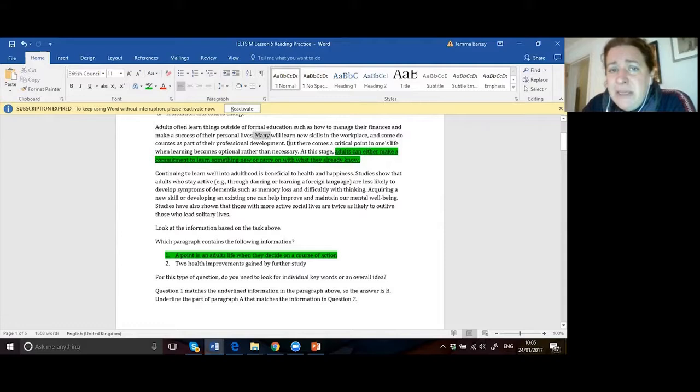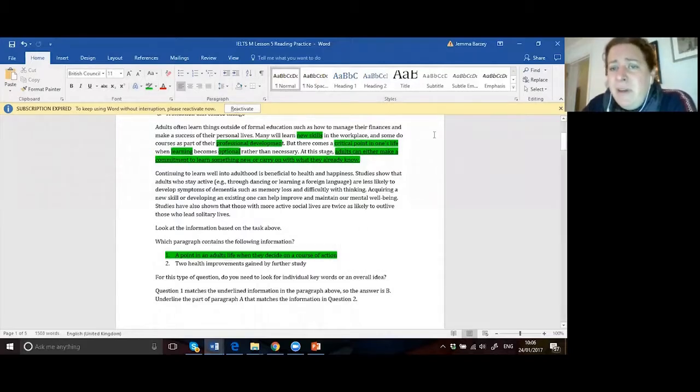And then as you're reading through the other parts really quickly, you want to make some notes, okay? So we've got new skills, important, professional development, crucial point, learning, optional. So these are the key points of the paragraph.